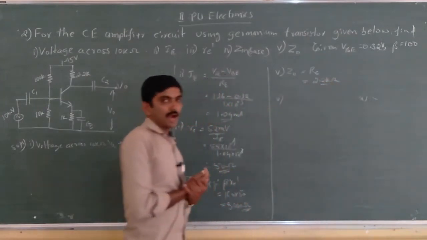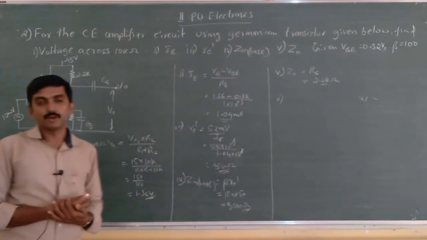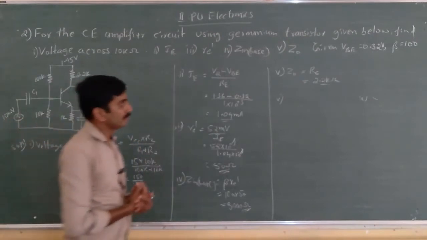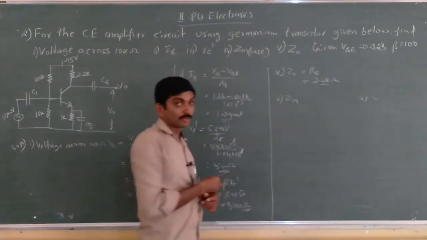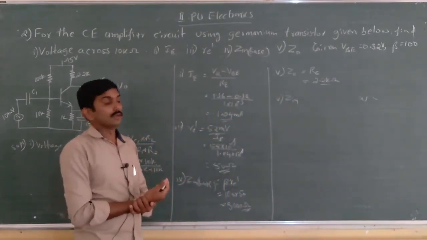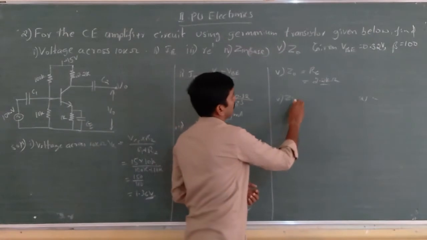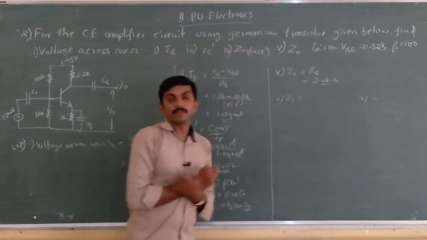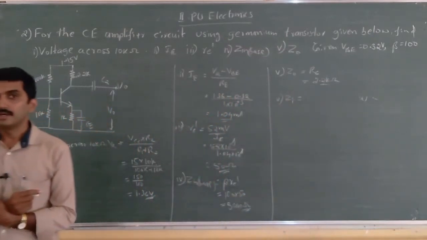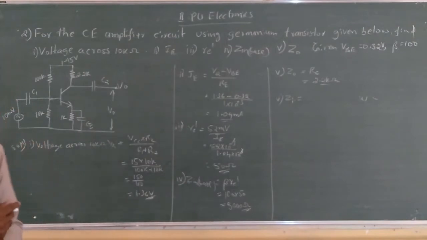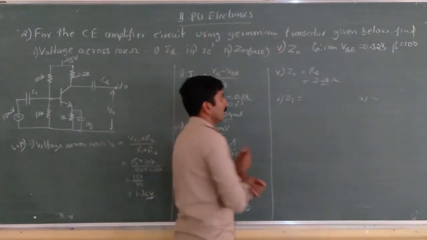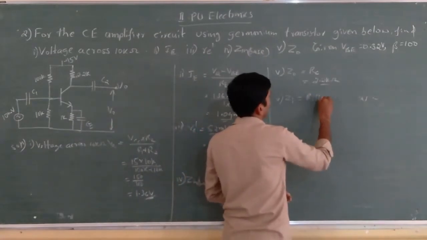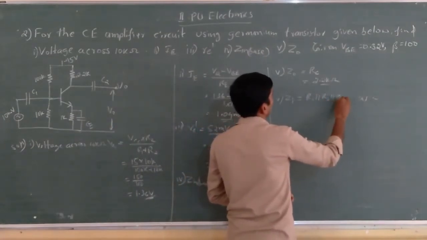And I want to add two more problems here, that is to calculate Zi. What is Zi? Zi is input impedance, Z naught is output impedance. Zi equal to R1 parallel R2 parallel Z in base.